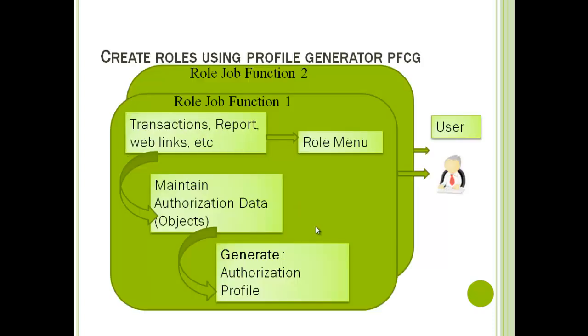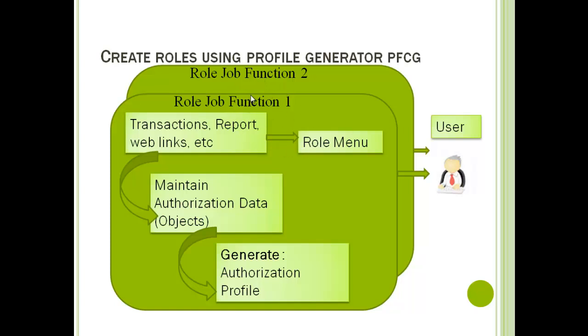We have seen transaction codes, authorization objects, fields and field values. Now let's see how roles are created and how they are assigned. We also need to see that there is something called the role menu. This role menu is actually a very useful thing. It is also generated using PFCG, the profile generator. In the profile generator we can assign this role menu.